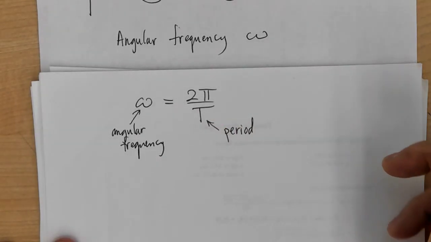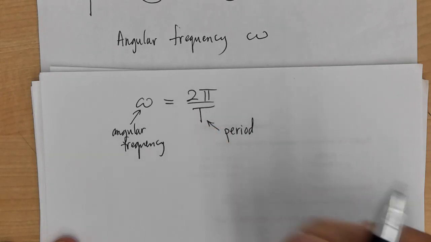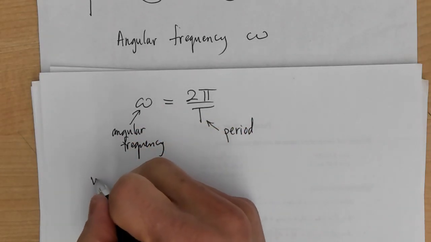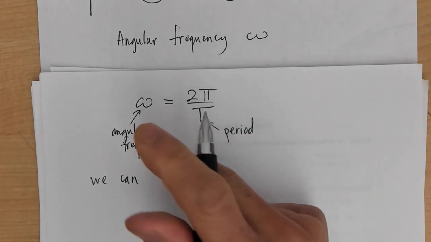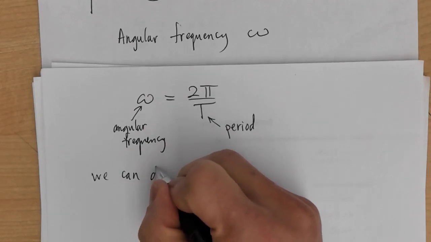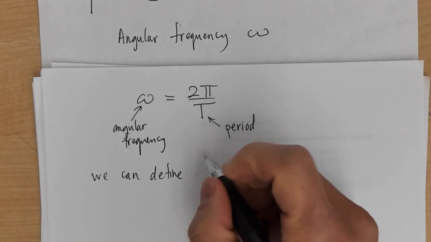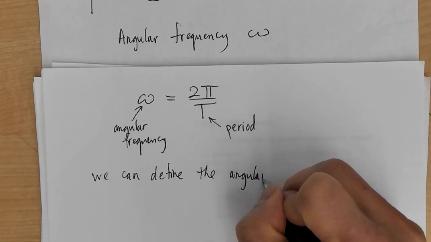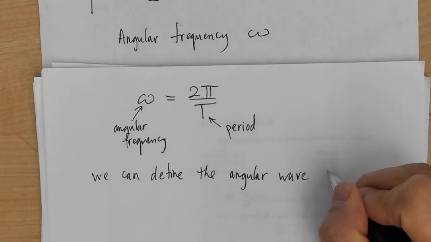Now, making the analogy between the period for time and the wavelength for position, we can define the analog of angular frequency. We can define the angular wave number, or just plain old wave number.